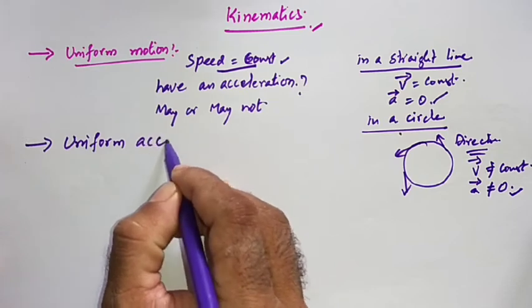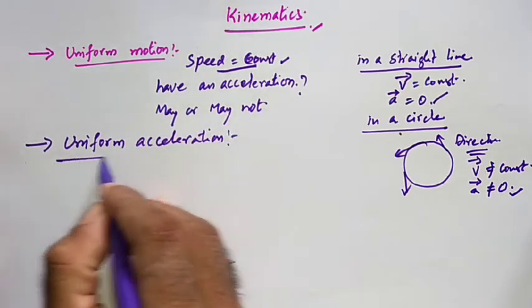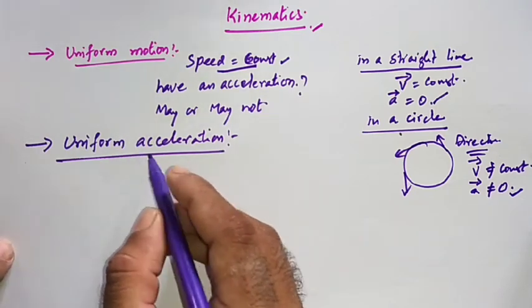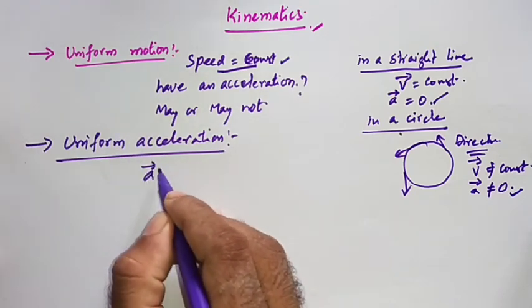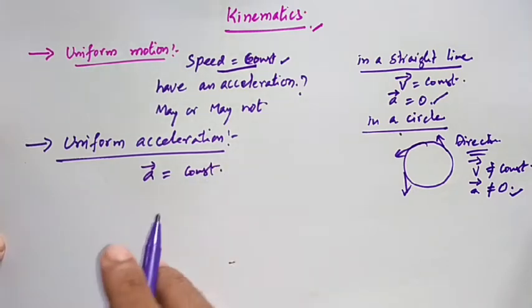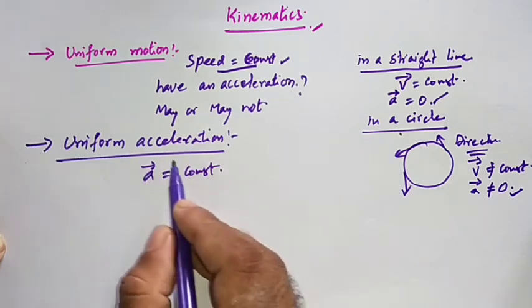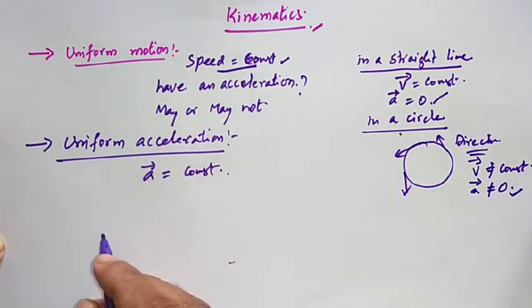Uniform acceleration. Uniform means same, as I already said. Here acceleration should be constant. Uniform motion means speed is constant; uniform acceleration means acceleration is constant.